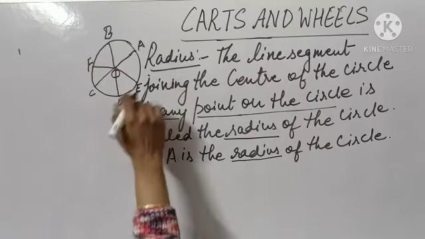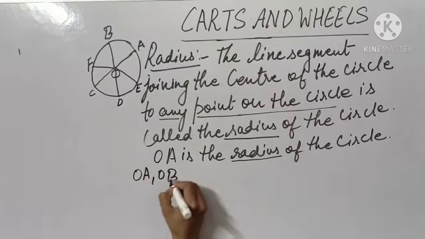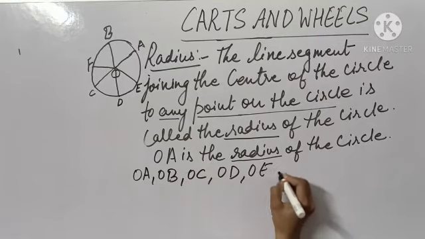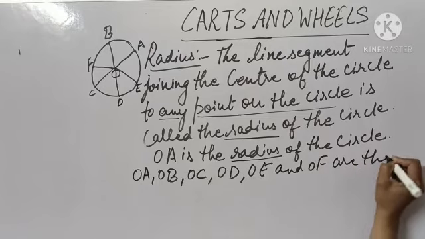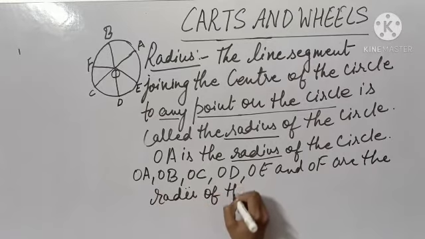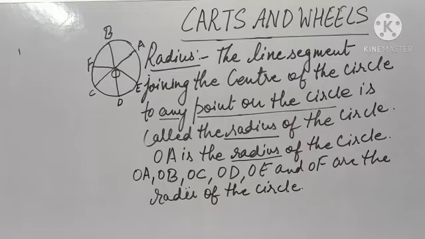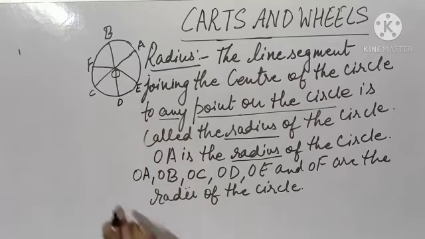Here I am having so many radius, so I will say OA, OB, OC, OD, OE and OF are the radii of the circle. That means a circle can have more than one radius. It can have many radii. Yes? So all these are the radii of the circle.